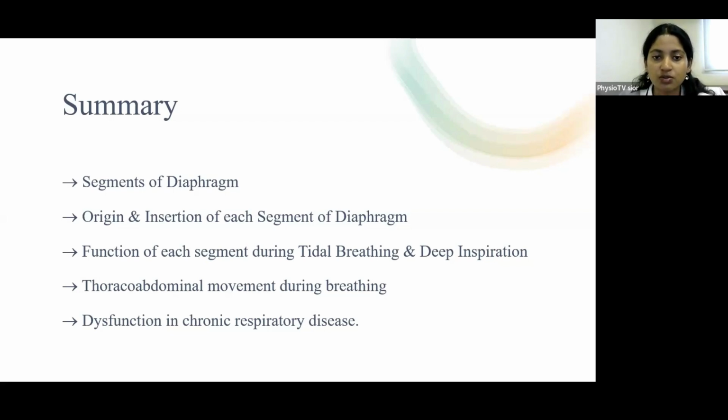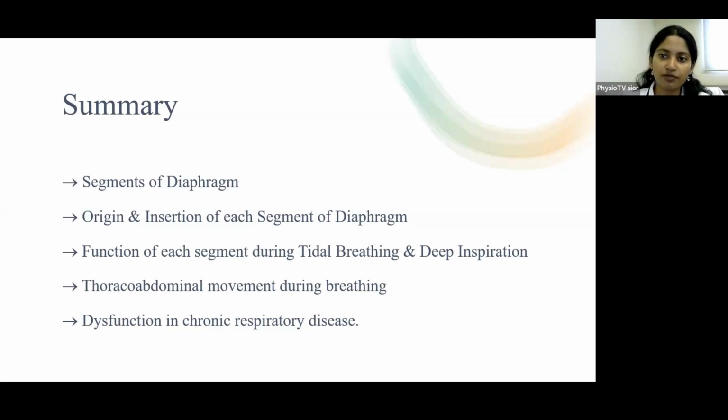Function: the costal fibers, as we saw, have the zone of apposition, which helps to descend the diaphragm downwards. And there are the fibers present at the periphery, which help to open up the lower rib cage by moving the ribs outwards and upwards in the deep inspiration phase.